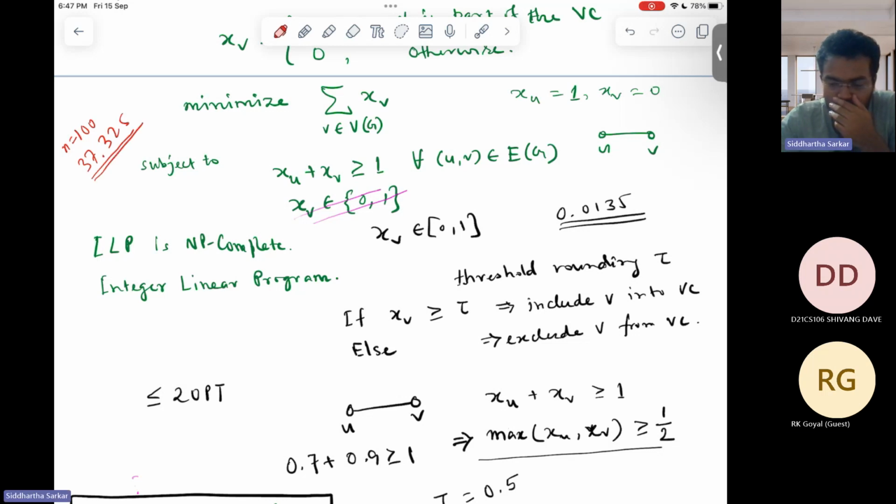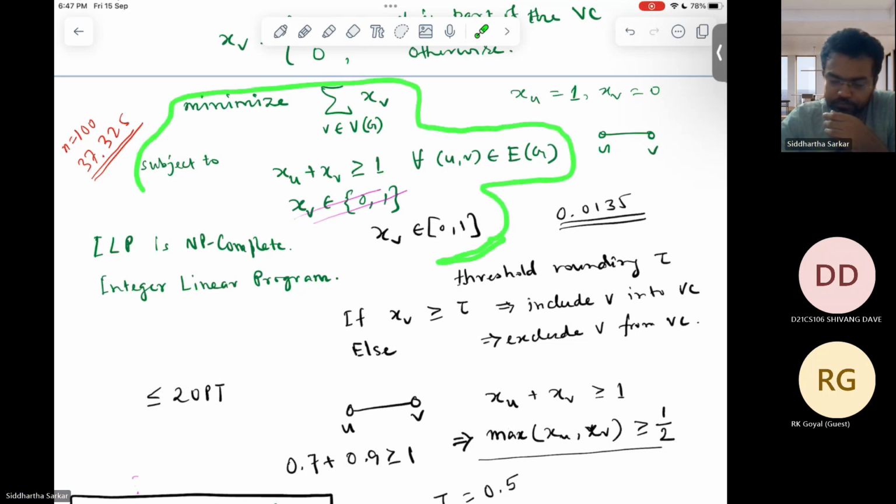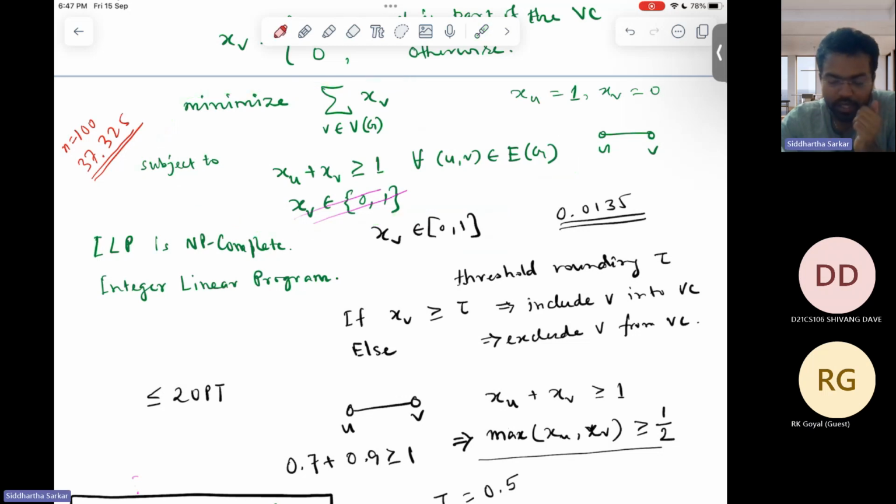Whereas for the exact representation of the integer linear program of the minimum vertex cover problem, that number has to be some integer. So let us say 45. It means that there are 45 vertices which you must pick in your vertex cover such that all the edges are covered.